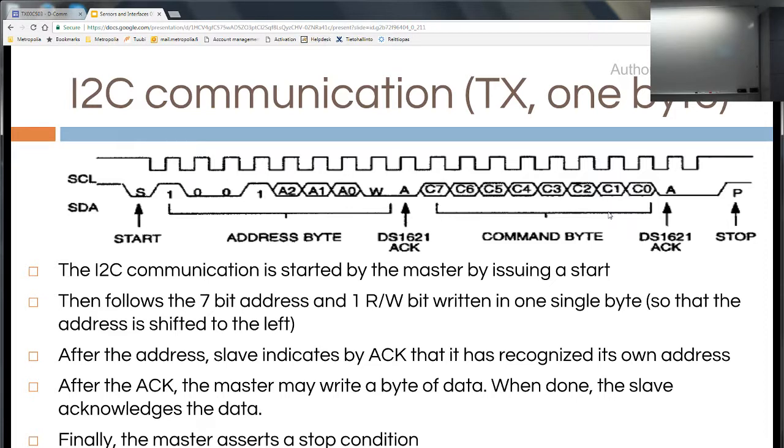Fundamentally it's a high state at the beginning, so it's idle state. If the master starts talking to the bus, it first sets the data down while the clock is up, and then the clock goes down. That marks the transaction start. So this here means start.